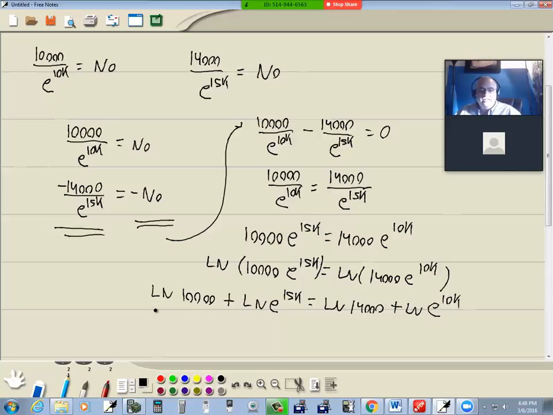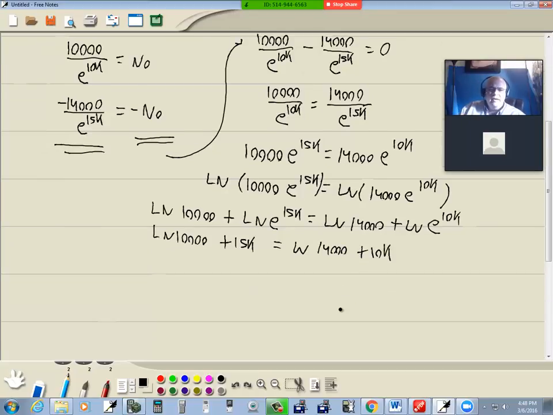And natural log and e cancel, so we'll have natural log of 10,000 plus 15k equals natural log of 14,000 plus 10k. I got all the k's on one side, so I'd end up with 5k here equals, and then I took this natural log of 10,000 over. Yeah, I'm getting the same value this time. Because I could rewrite that subtraction as division.